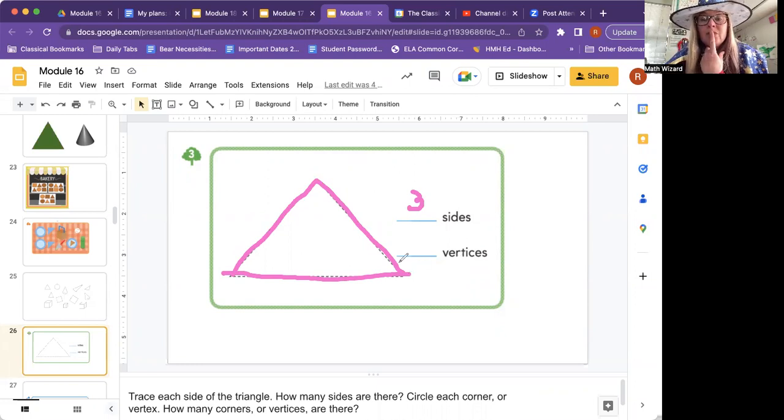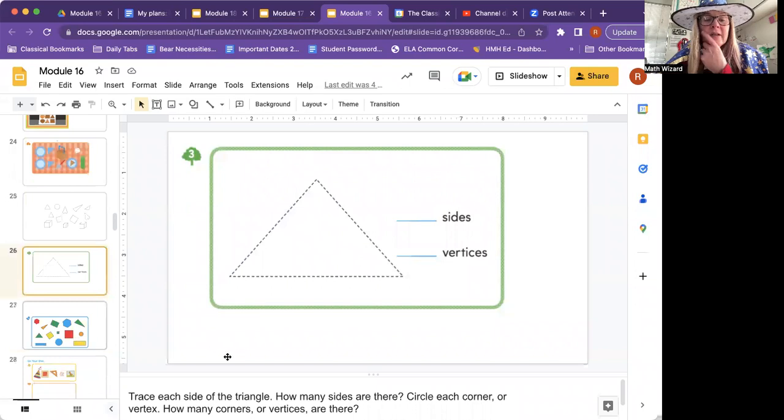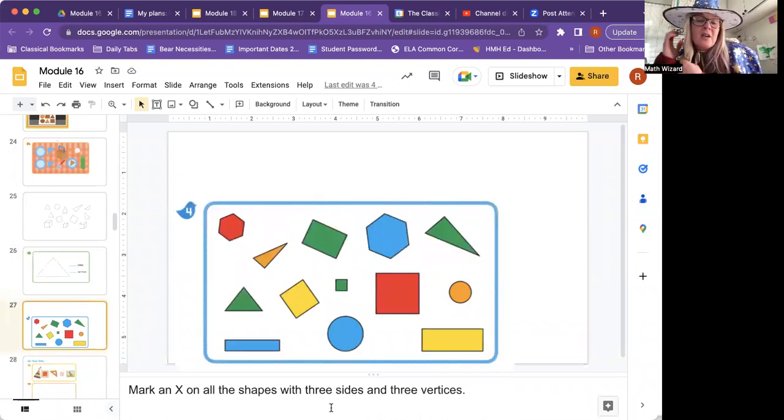Can you write that number there? You can pause it while you do that. All right. You're going to mark an X on all the shapes that have 3 sides and 3 vertices.